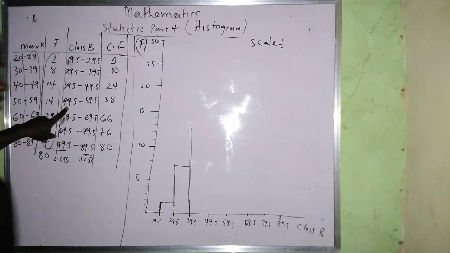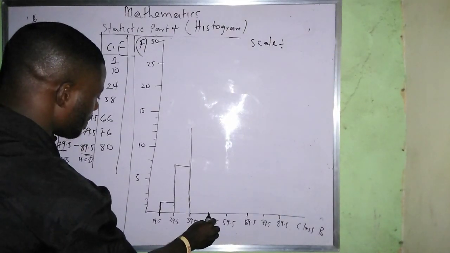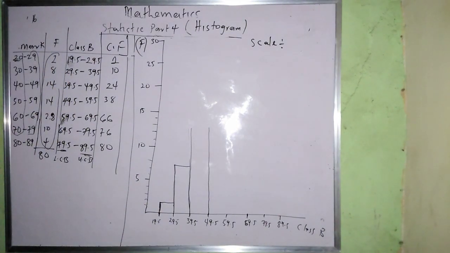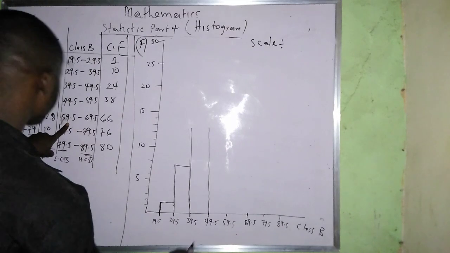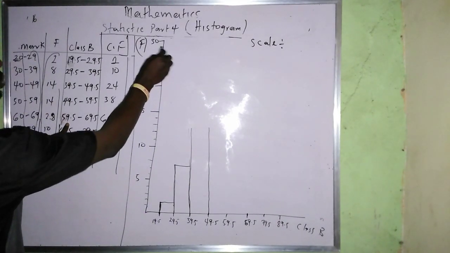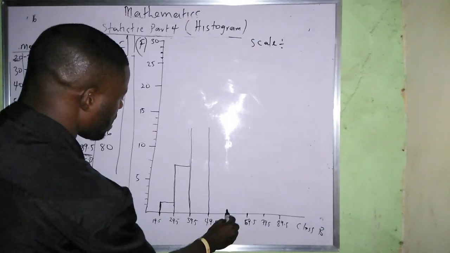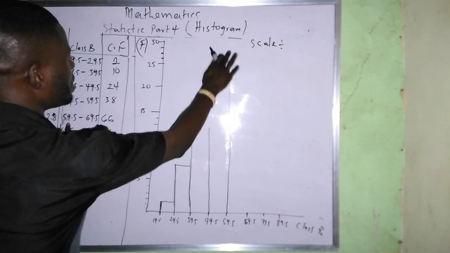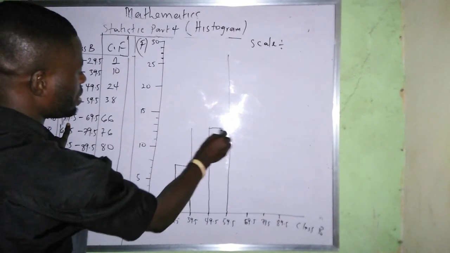Now, I'm also in 14, which is 59. My 59.5 is now in 28: 25, 26, 27, 28. It means I'll be having something like this, 28.